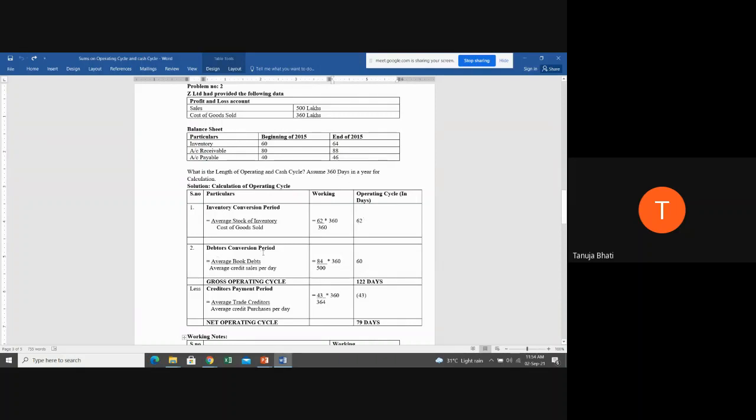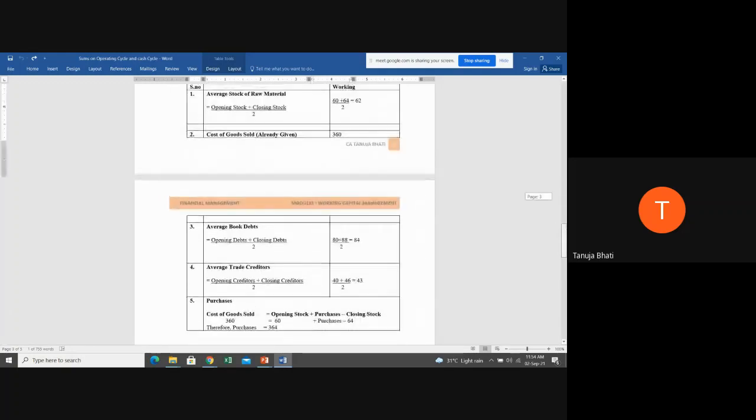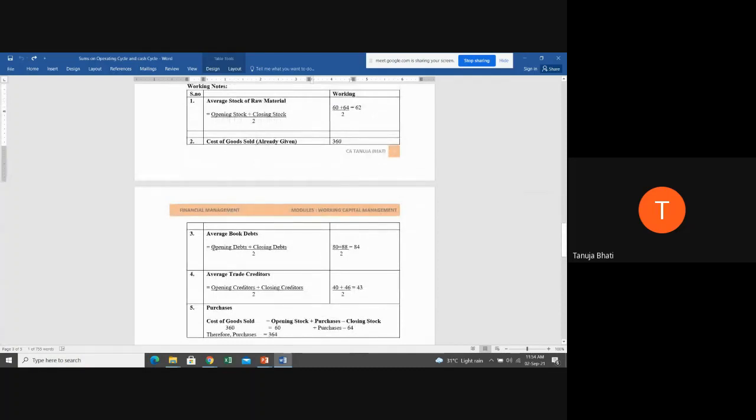Next is the debtors conversion period. What is the formula? Very simple. Debtors divided by sales. Debtors given here is average debtors. So you have to take opening debtors plus closing debtors divided by 2. So 80 plus 88 divided by 2, you get 84.